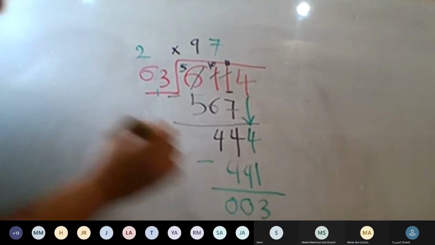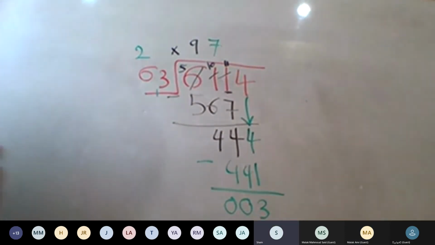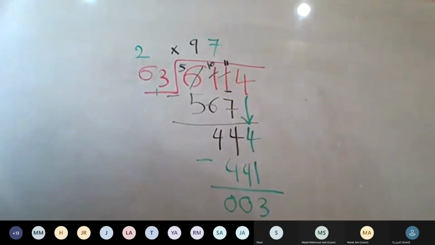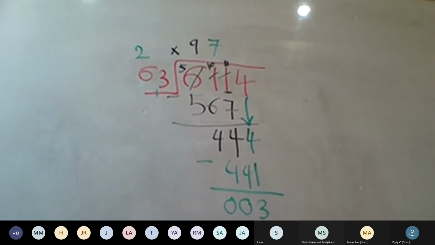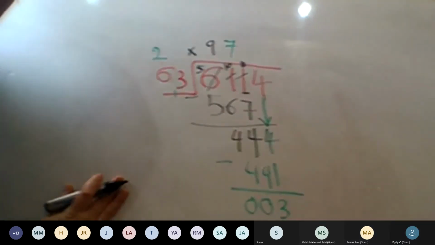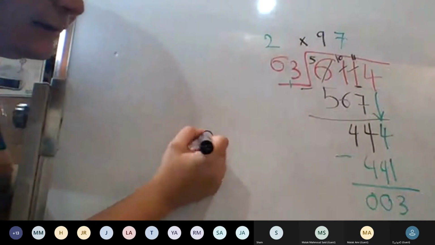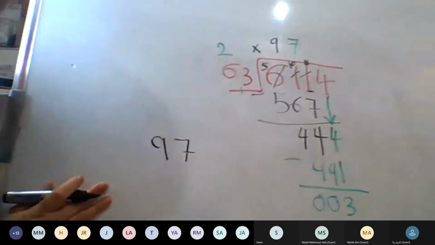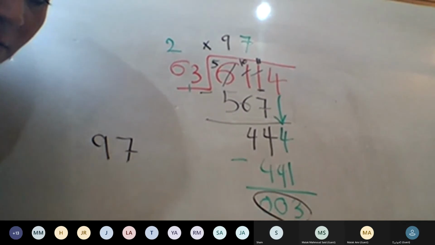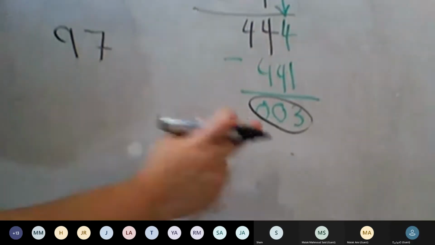Now, Teacher, can we solve the homework? Yes, just a minute. In this question you have to find the quotient and write the remainder as a fraction. What do I mean? Focus with me. You say 97 is the quotient, and where's my remainder? Here, it's a 3.